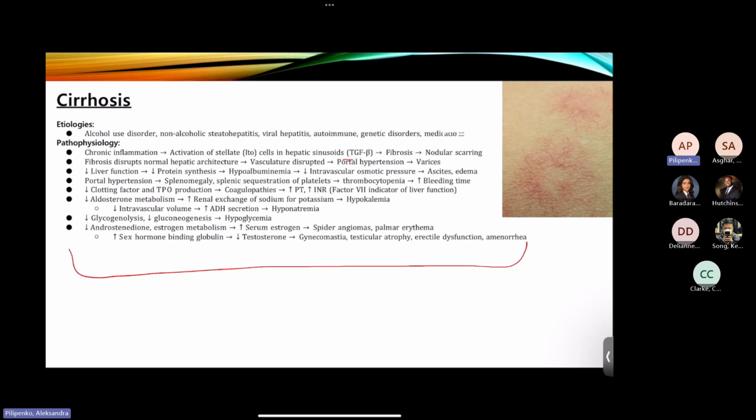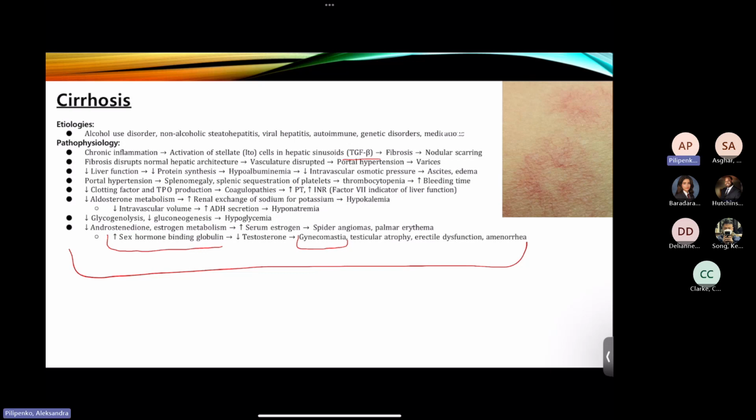And then why in cirrhosis would a male develop gynecomastia, right? Because the liver is no longer able to produce a lot of proteins. So our sex hormone binding globulin would basically, hold on one second.